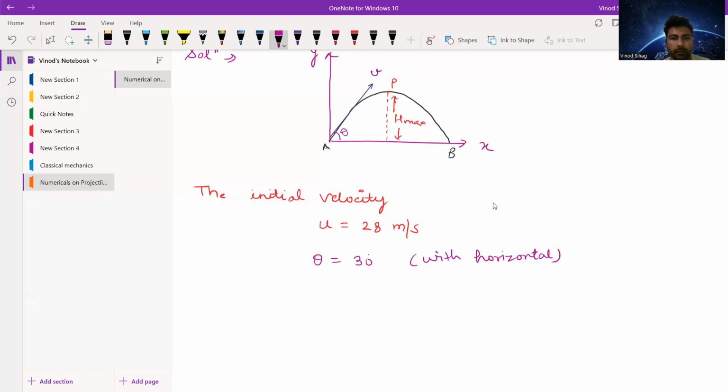Now our task is to determine first one in part A, maximum height, and it is denoted by S maximum.